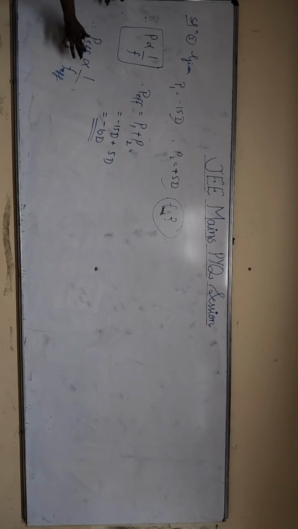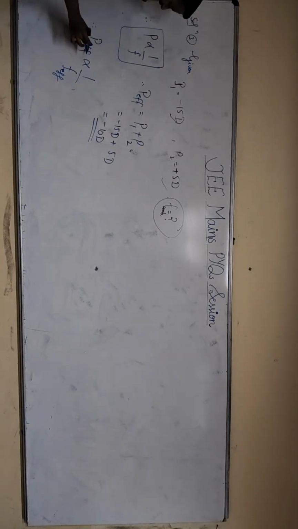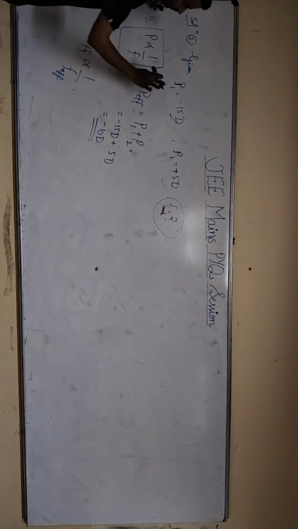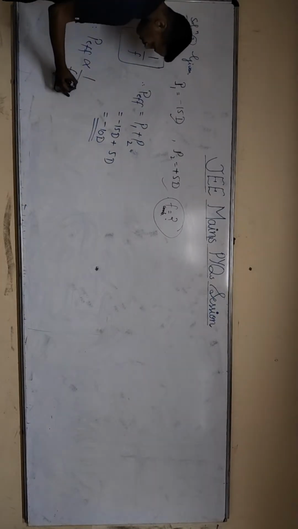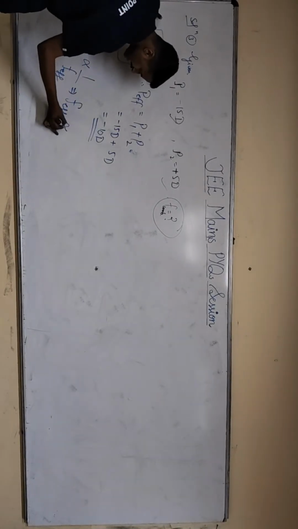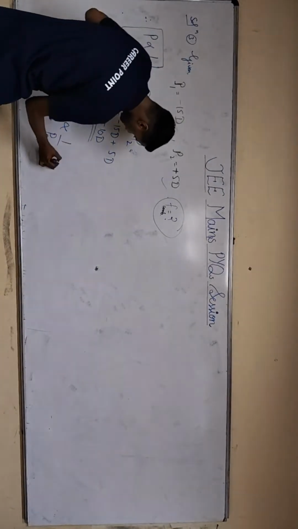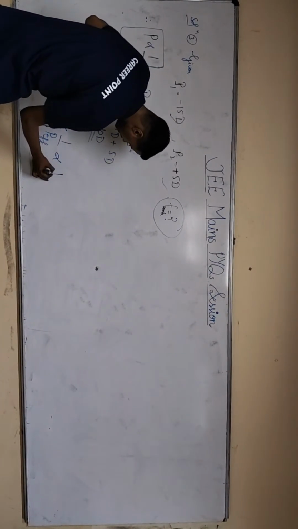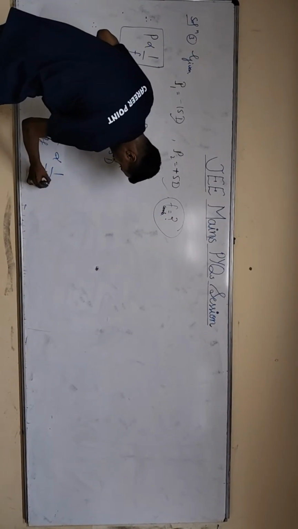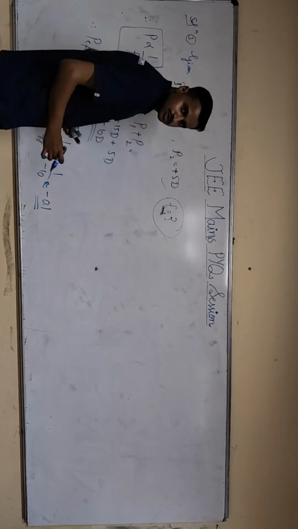So f effective becomes 1/P effective, that is 1/minus 10, which is minus 0.1. Is this your answer?